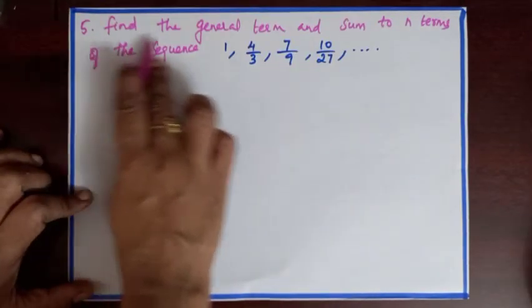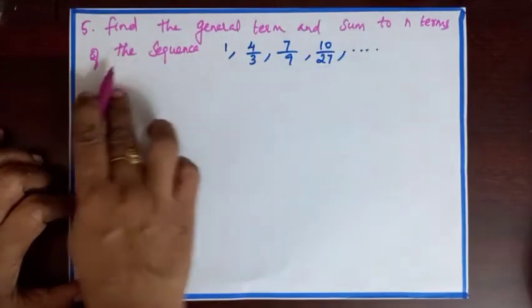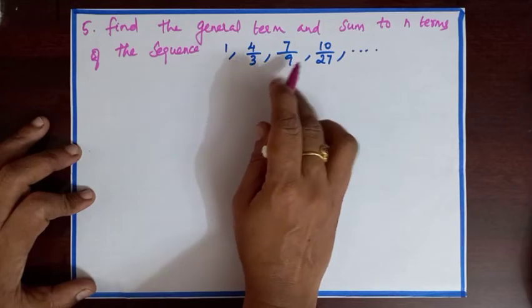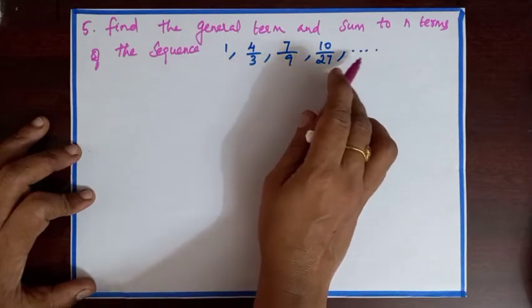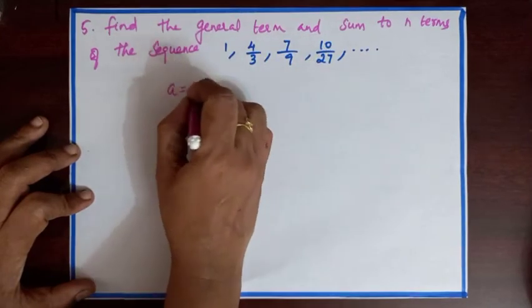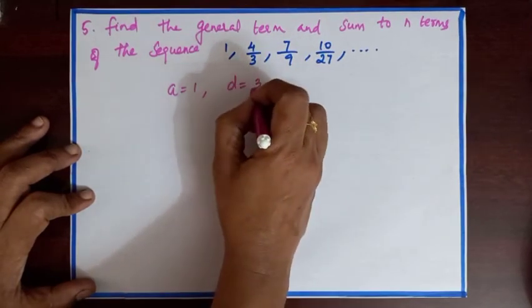Question number 5. Find the general term and sum to n terms of the sequence 1, 4 by 3, 7 by 9, 10 by 27, and so on. The numerator is in AP with a is 1 and d is equal to 3.